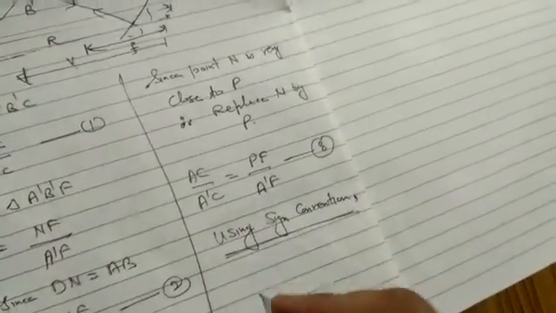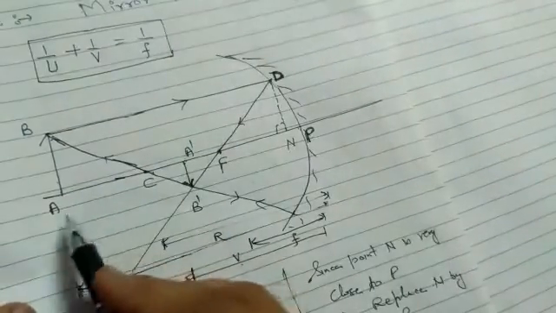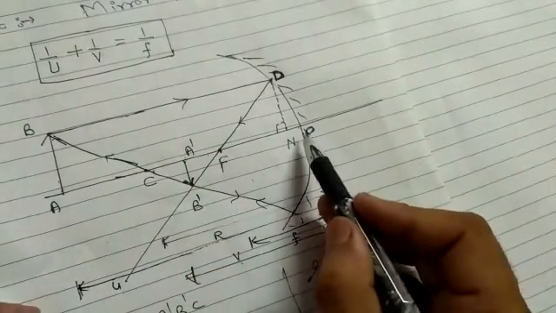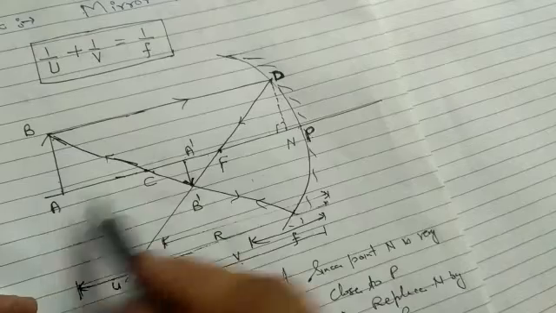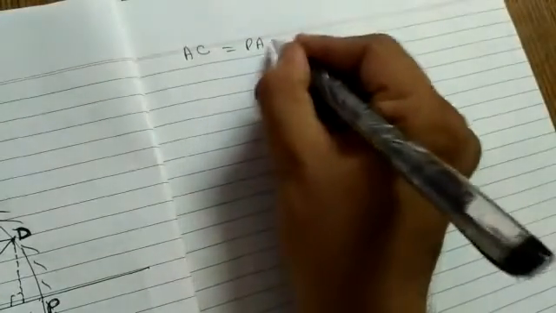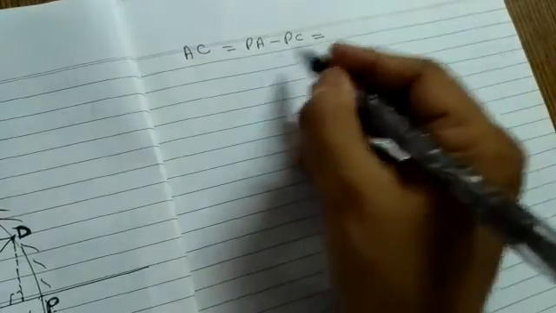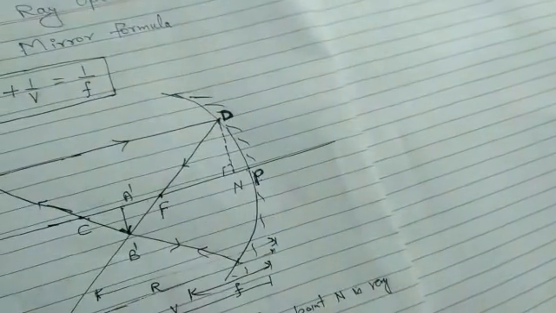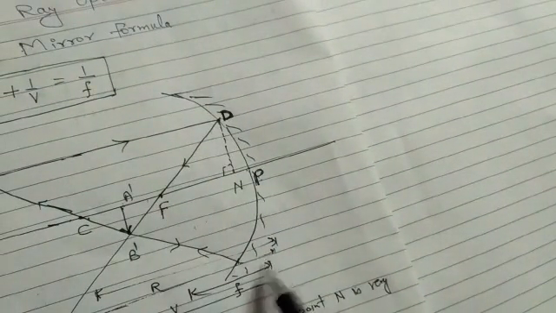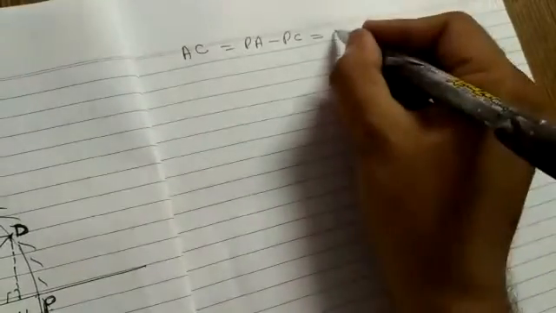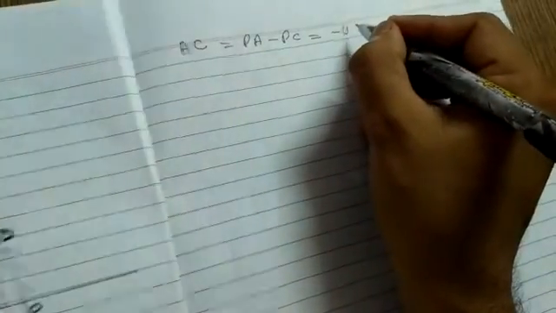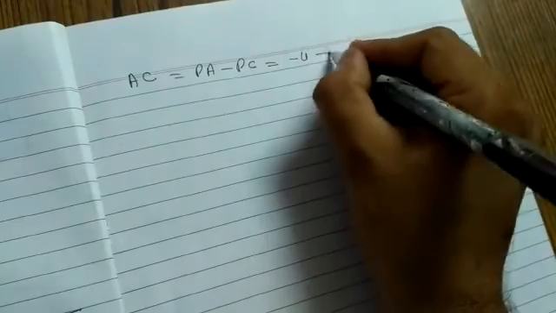So AC can be written in terms of P, that is PA minus PC equal to AC. So AC equals PA minus PC. Now PA, P to A, the distance is the object distance U, left hand side, opposite to the direction of incident light, so take a negative, so minus U, minus PC.